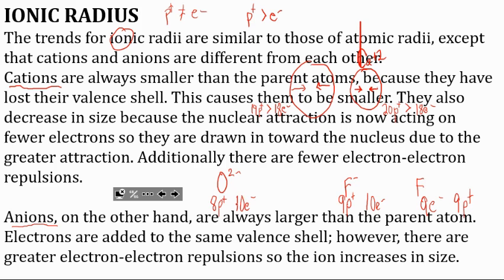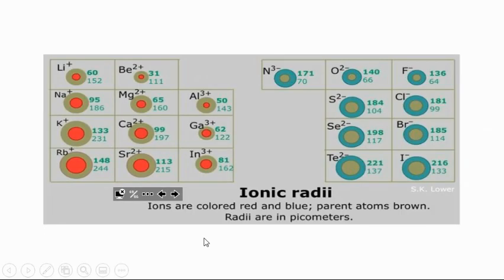I agree. So if we're comparing oxygen anion to a fluorine anion, which one's going to be bigger? Oxygen. Oxygen's going to be bigger because it's got 8 protons pulling on those 10 electrons. And there's a diagram with actual numbers to substantiate my claims, to give you an idea.